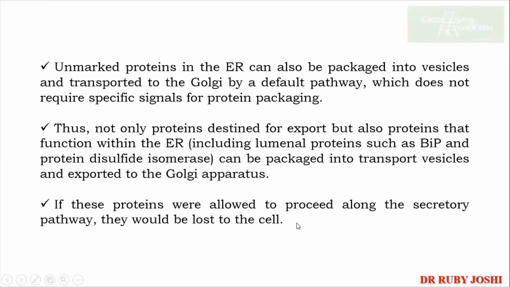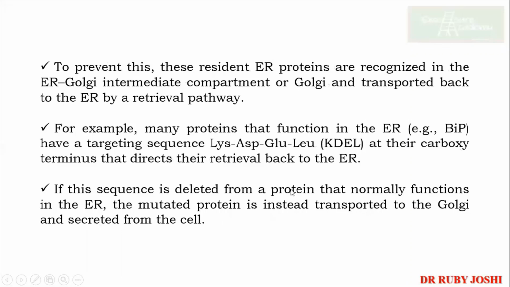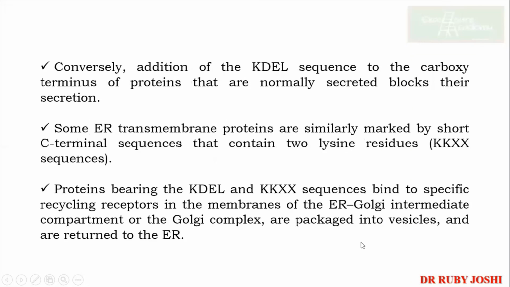And that's why these sequences help in bringing them back. Okay, so the KDEL sequence, which is present at the C terminus, is lysine, aspartic acid, glutamic acid, and leucine. They are responsible for the retrieval, so that these resident proteins can be brought back to the ER. Along with the KDEL, we have the KKXX.